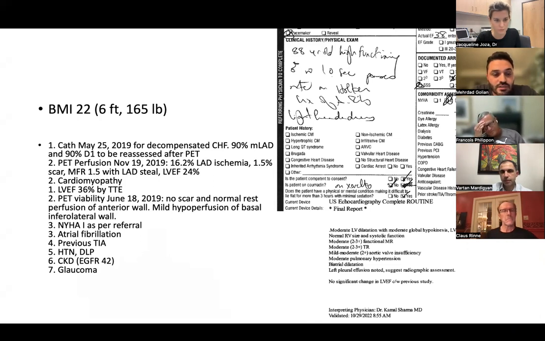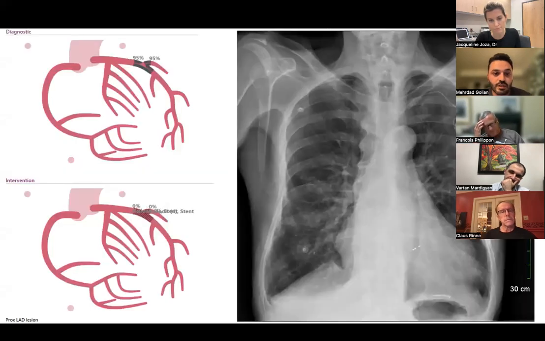We teeter-totter between whether somebody who needs a CRT actually gets a CRT versus you try a left bundle. Because he was elderly and quite skinny, I wanted to reduce lead bulk and the device size potentially. So I decided to do a left bundle on him, and we can skip these ones.